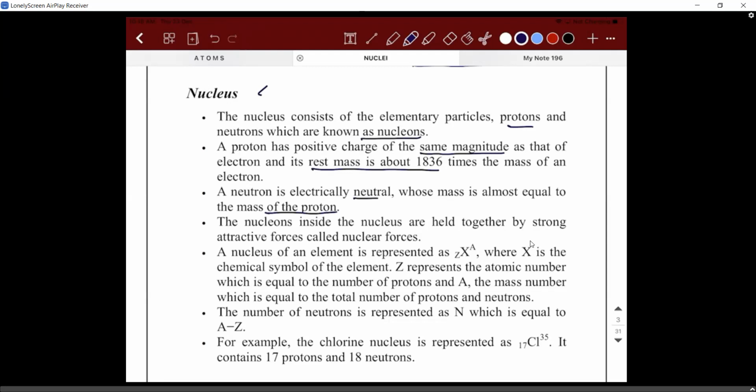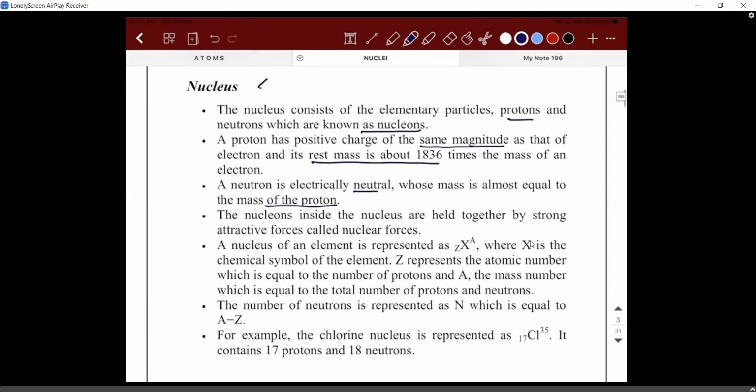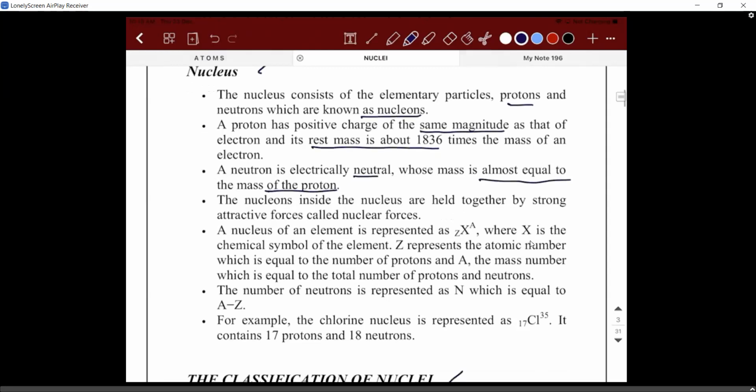Proton is heavier by a factor of approximately 1836 times, so it is 1836 times greater than the mass of the electron. Now, if you take proton and neutron, what is same between them? It is the mass. The mass of the neutron is almost equal to the mass of the proton.